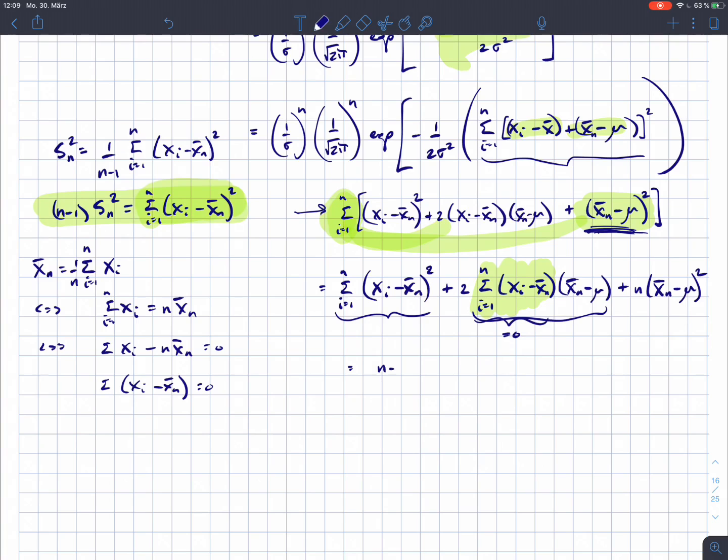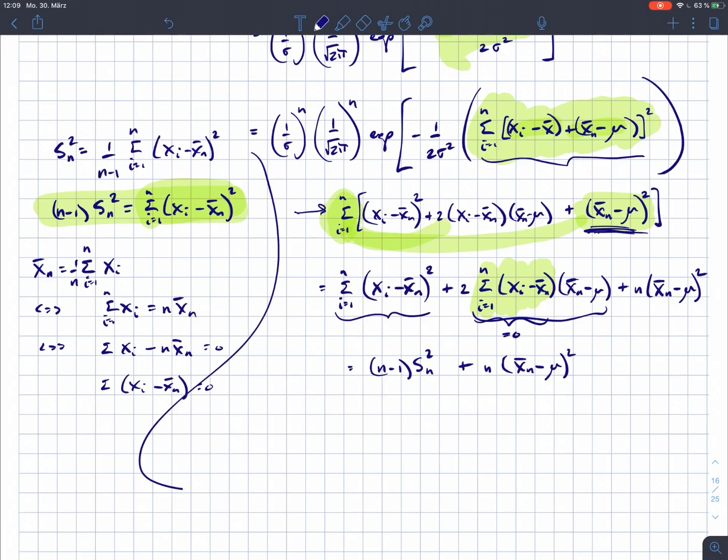So I'm going to write this as n minus 1 times the sample variance plus n times (x bar minus mu) squared. And that was what all of this turned into.